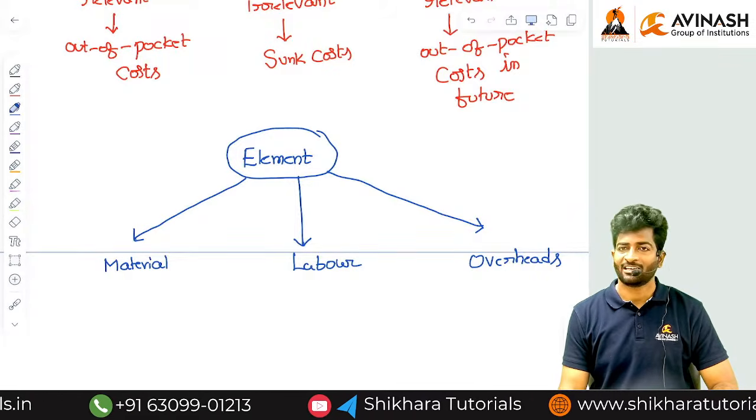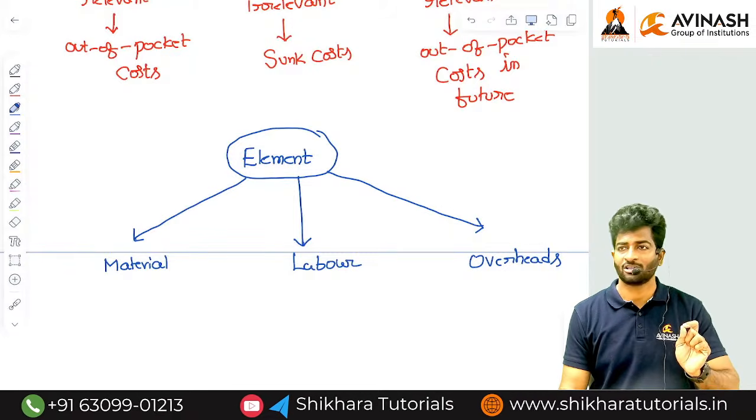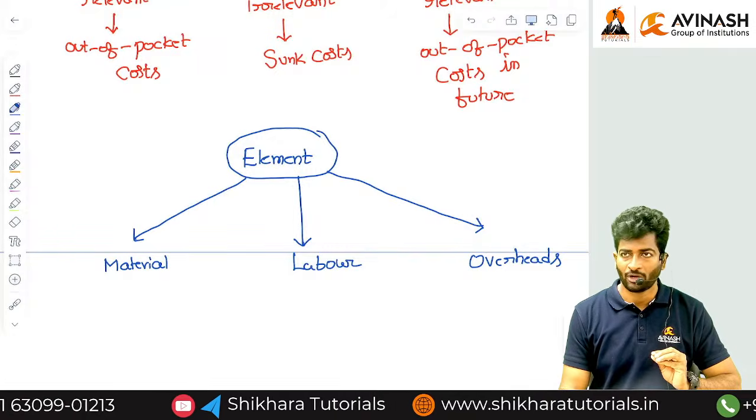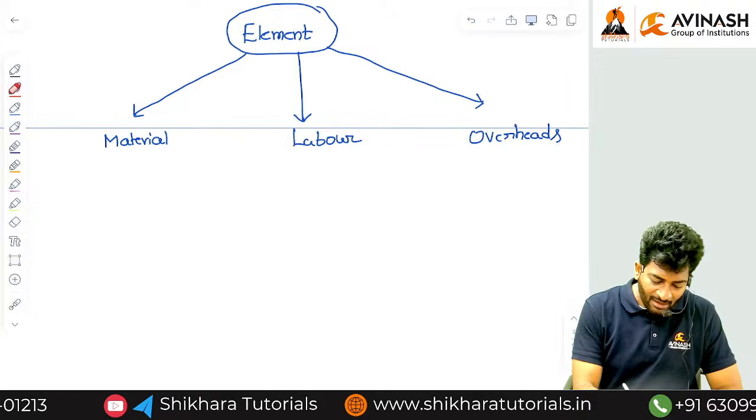I think in our CMA inter group 1, the chapter title is elements of cost, where you have material, labor, overhead. So, you know cost structure, right?